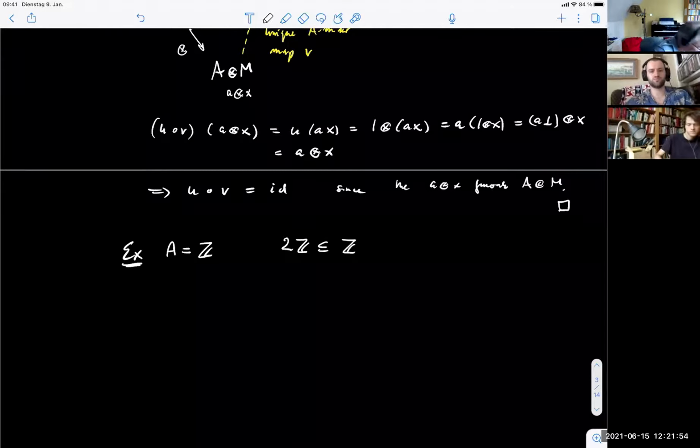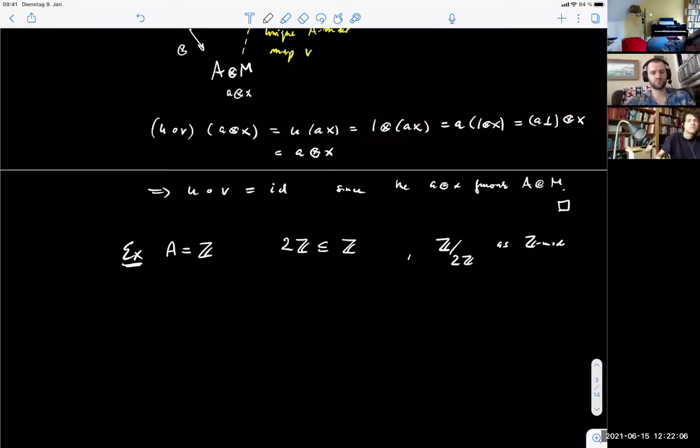And I have this other module, Z modulo 2Z, as a Z-module. Now I want to know what happens if I take the tensor product of these two. The tensor product is over the integers; I don't write it. What is it?